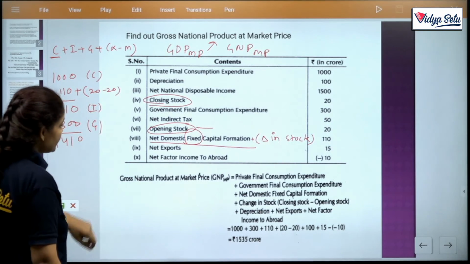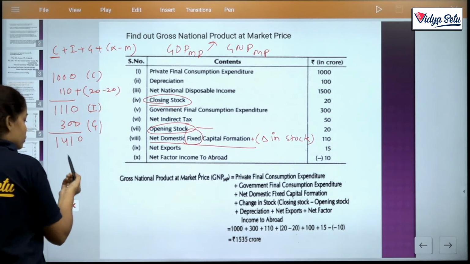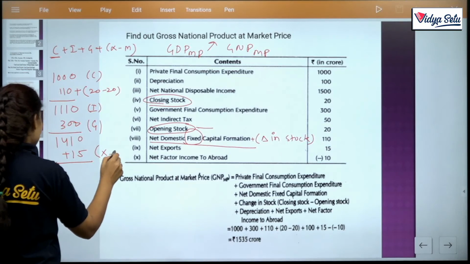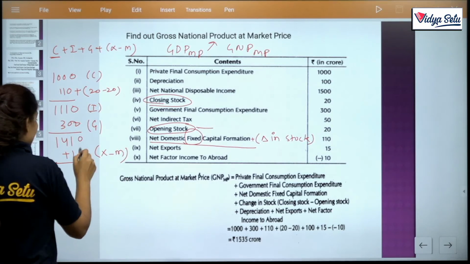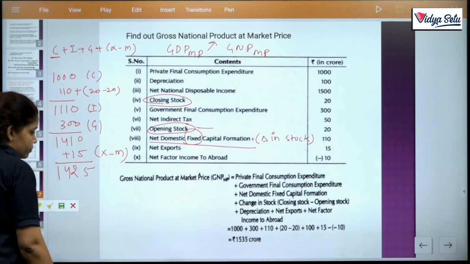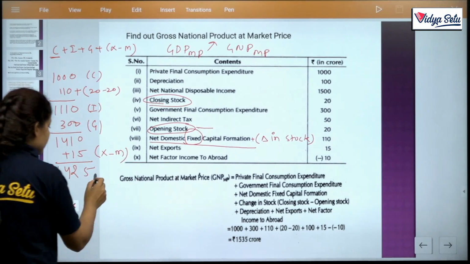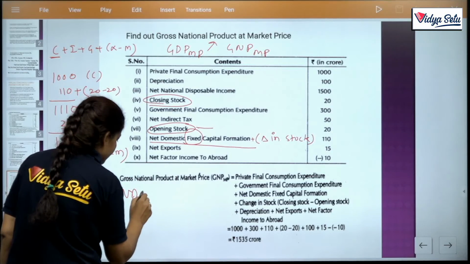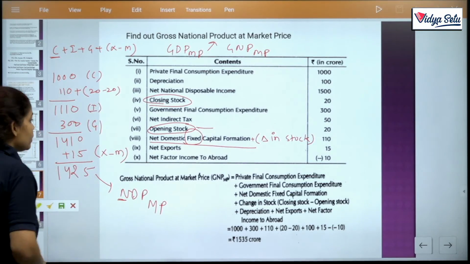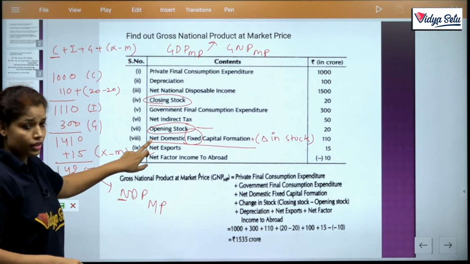Now X minus M. So net exports are given to you as 15, and it is plus, so we will add 15. That is X minus M. 1541 plus 15 is 1556? Clear? This we receive NDP-MP. Why N? Because here net domestic capital formation is given.